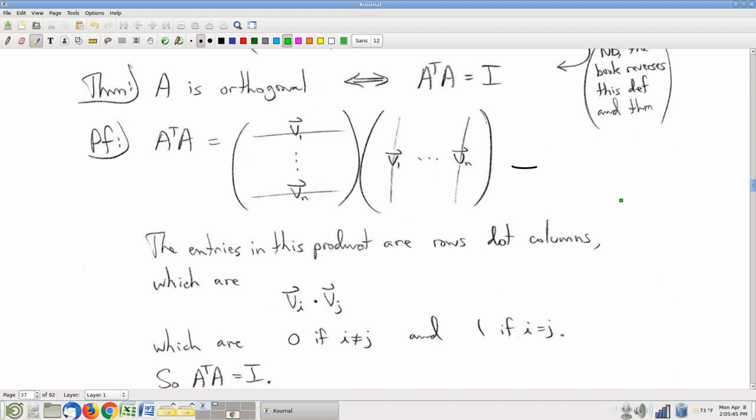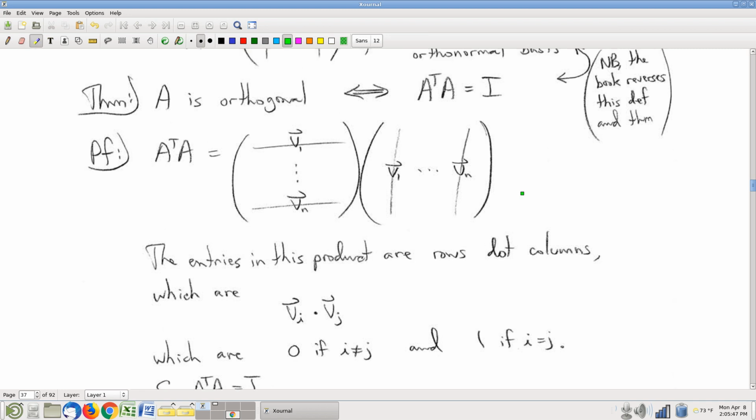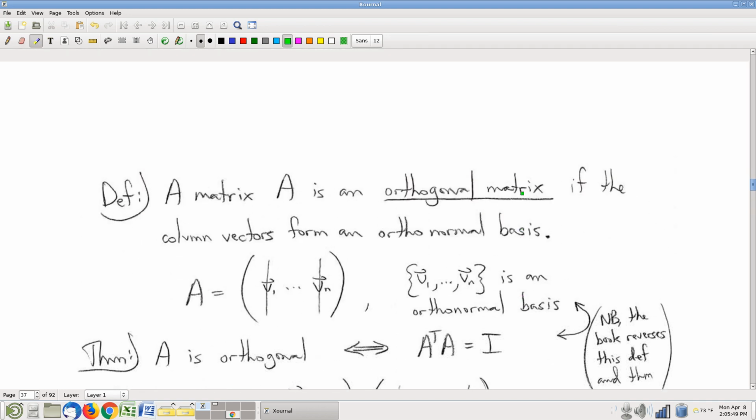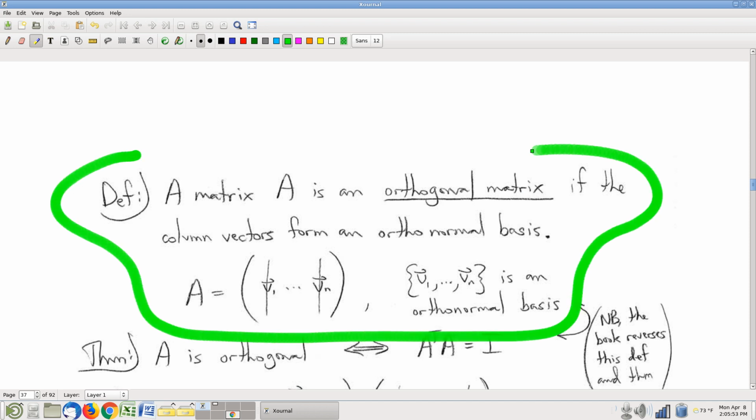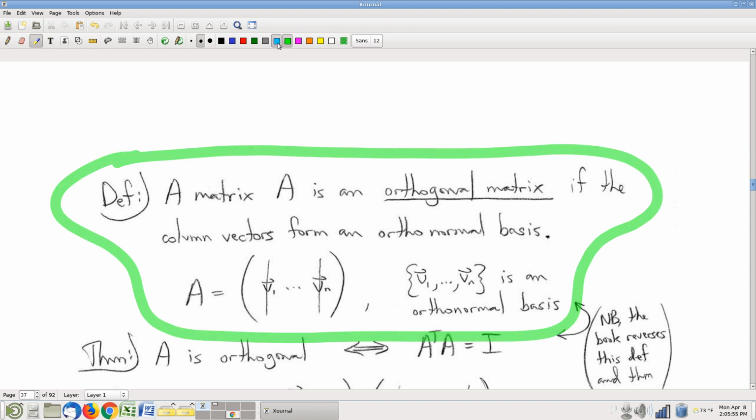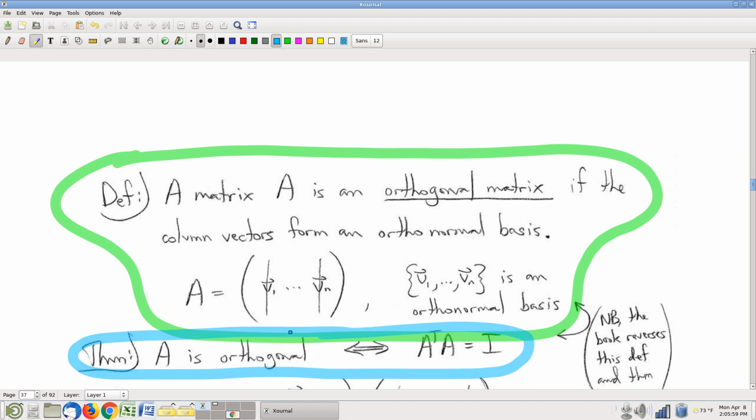Okay, one little detail I do want to discuss. Let's go back up here to the definition. Here's the definition that I made of an orthogonal matrix. Here's what I've stated as my first theorem about orthogonal matrices. Note how different these statements are. The definition is a statement about what are the column vectors, and the theorem is a statement about how inverses work. Very different statement.